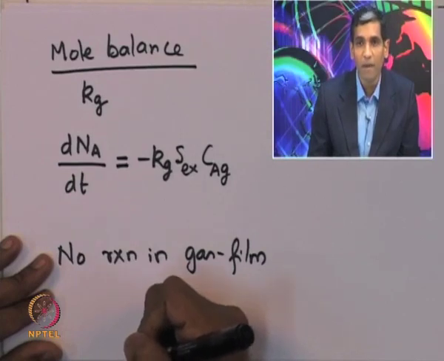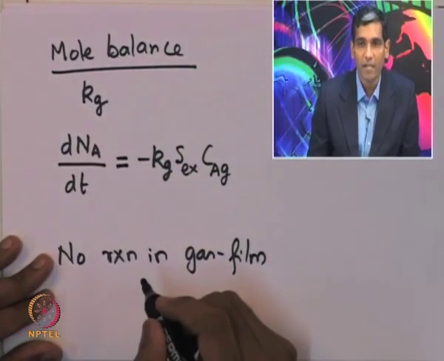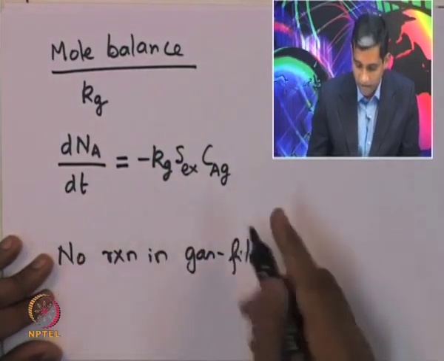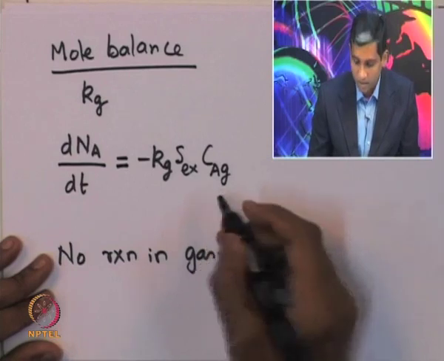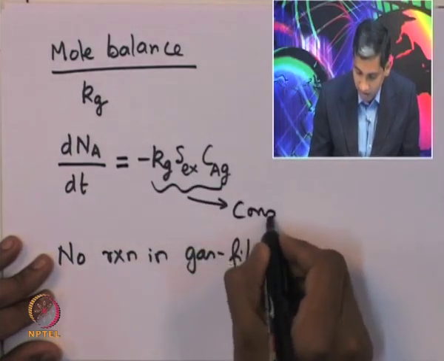That is the mole balance which captures the rate of change of the number of moles of species A in the gas phase.